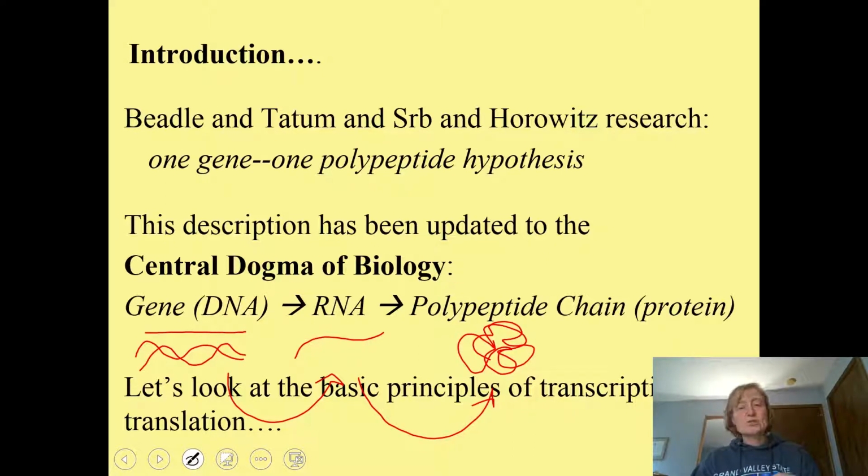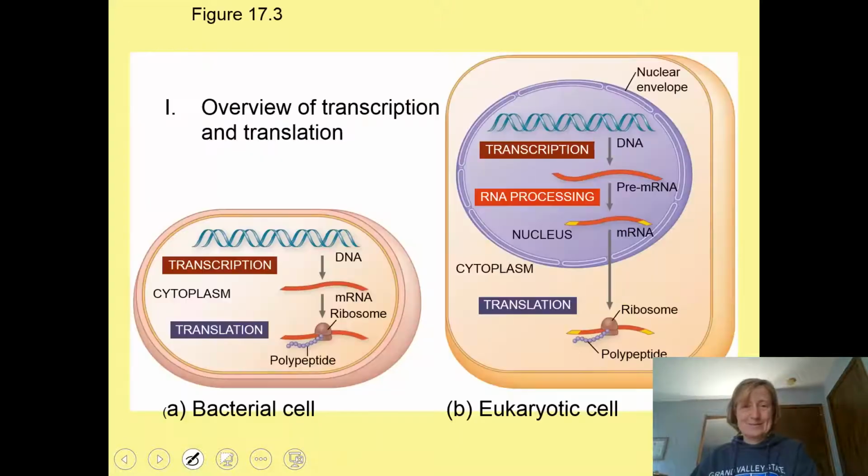We're going to focus on transcription and translation. As we go, we're going to start with a gene, transcribe it into an RNA molecule, and then translate it into a protein. That's what gene expression is all about. One gene codes for the building of a protein.